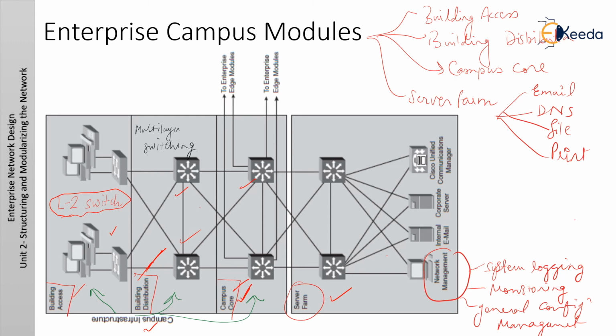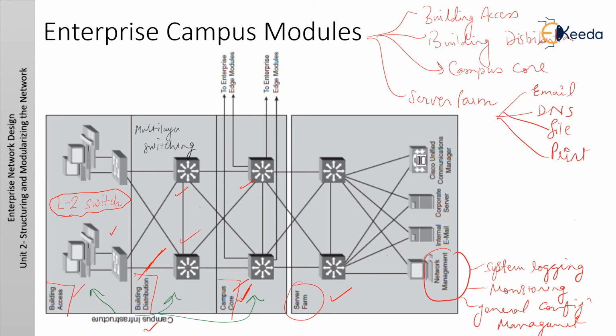The campus core layer is the core layer of the campus infrastructure module within the enterprise campus functional area. The high performance switches backbone connects the buildings and various parts of the campus. Specifically, this layer interconnects the building distribution layer with the server farm and enterprise edge modules.